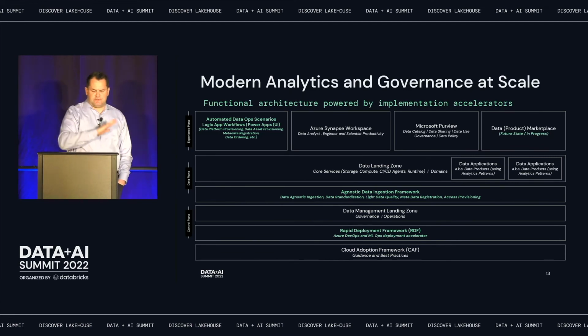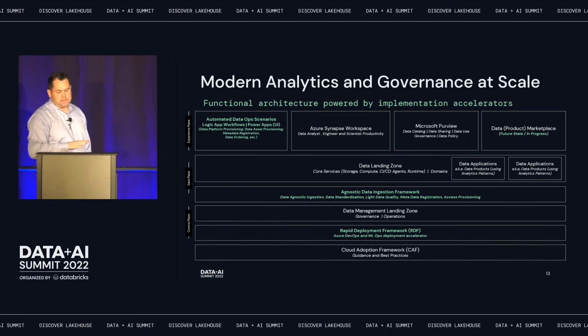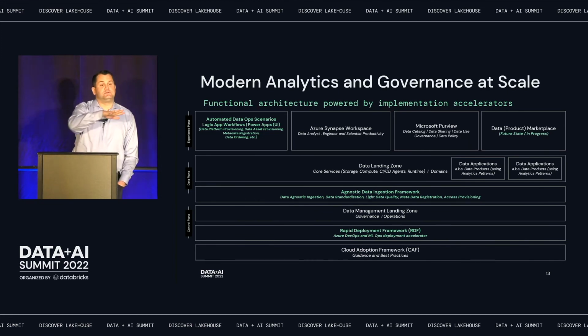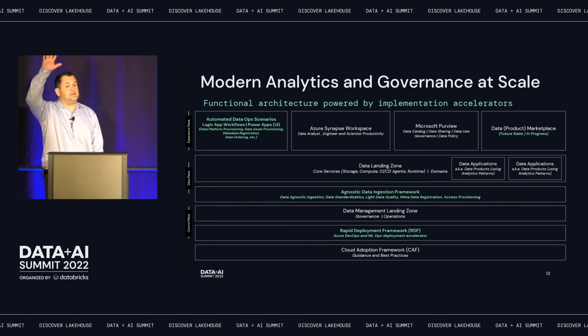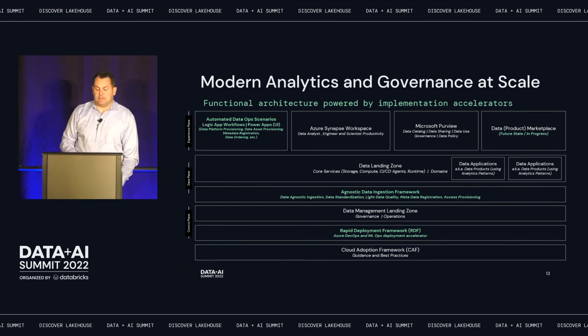And then in terms of data plane, these are these data landing zones with data products or applications that are units of scale within domains.